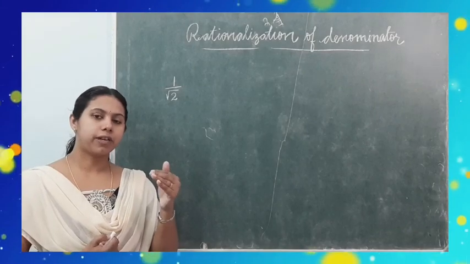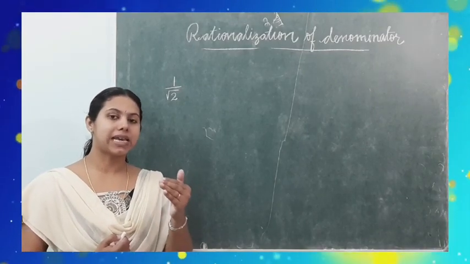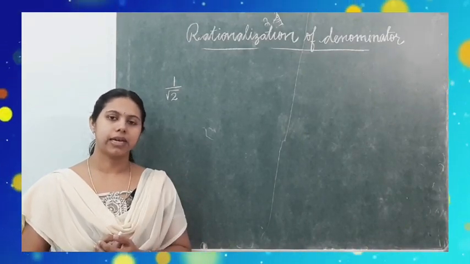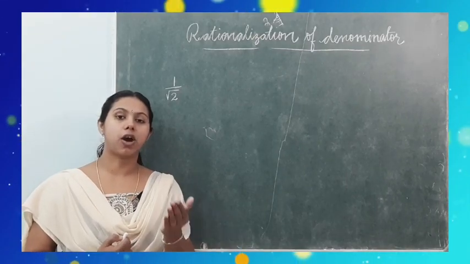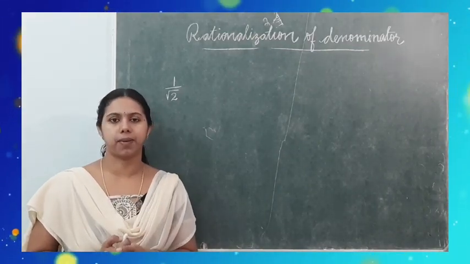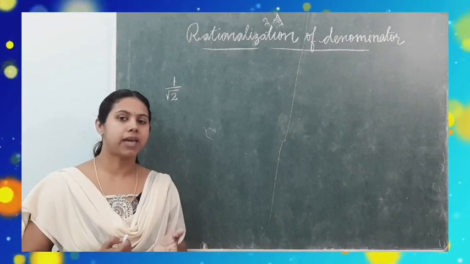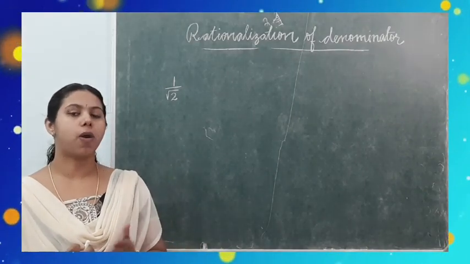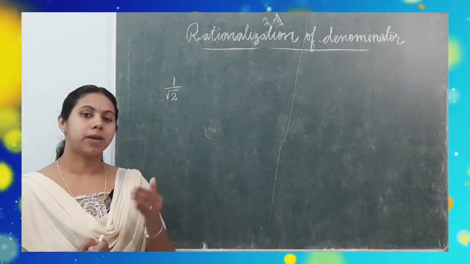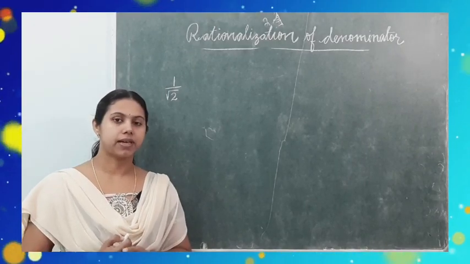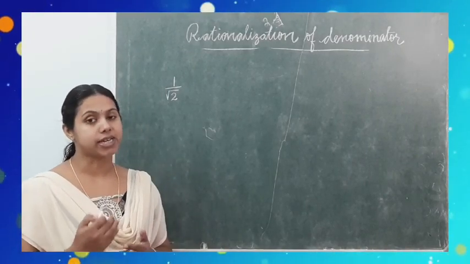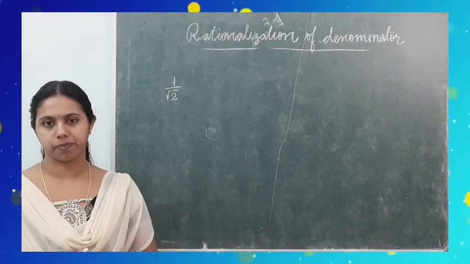So if the denominator of a number is an irrational number, then the process of making the denominator a rational number by multiplying the numerator and denominator by a suitable number is called the rationalization of denominator.